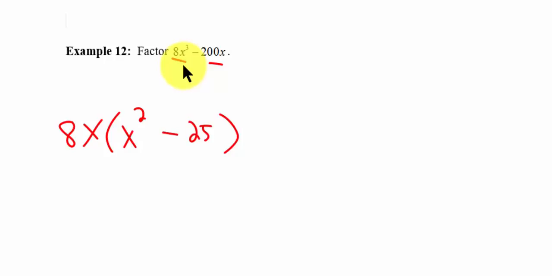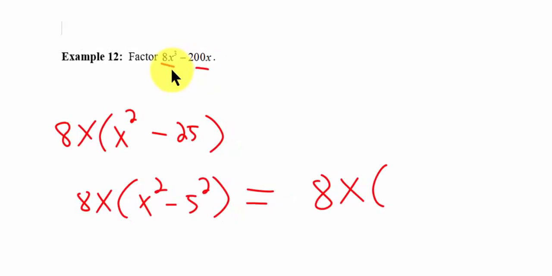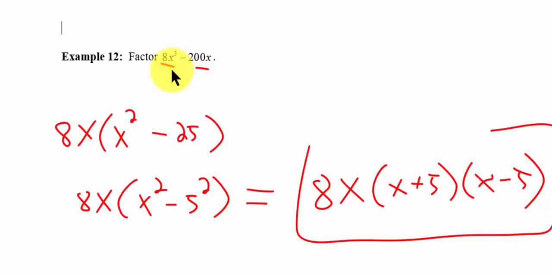And now the x squared minus 25, you can think of this as 8x times x squared minus 5 squared, which would be the same as 8x times x plus 5 times x minus 5. And that would be my final answer.